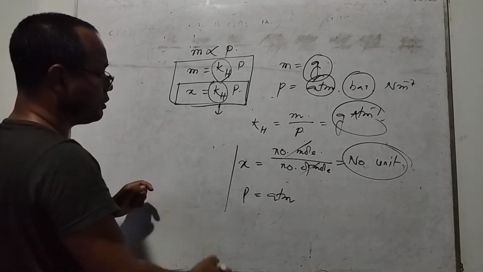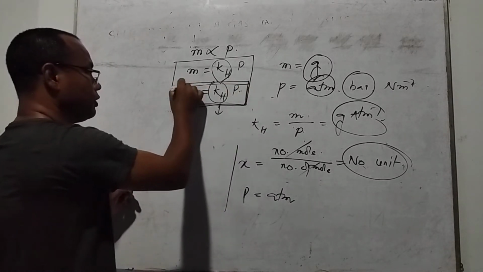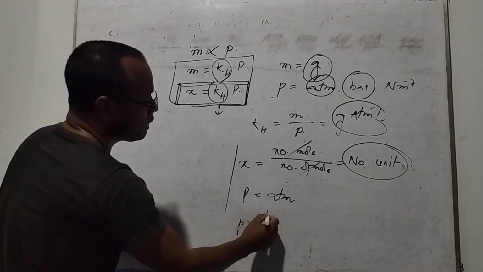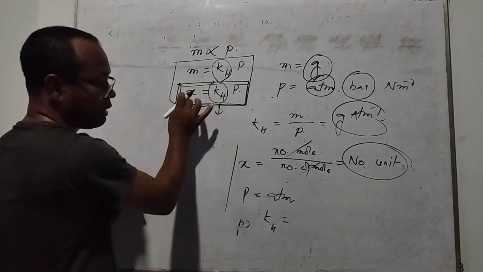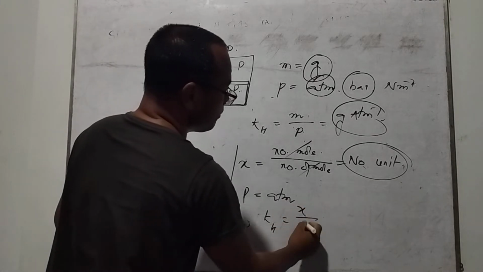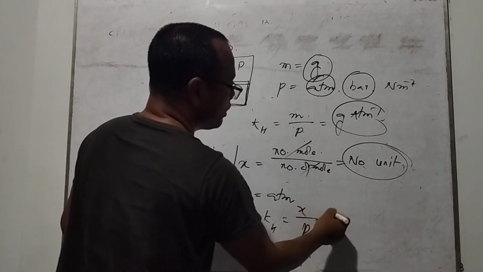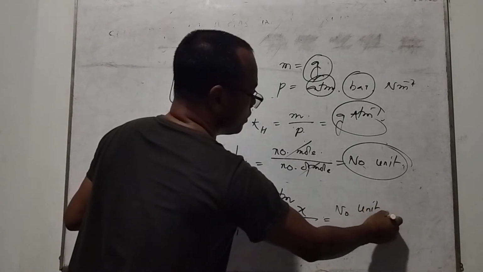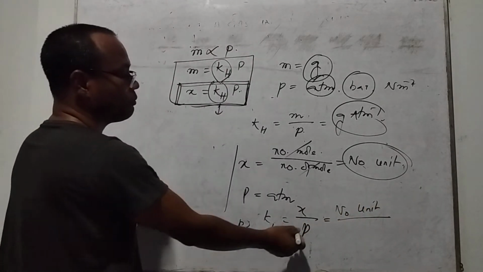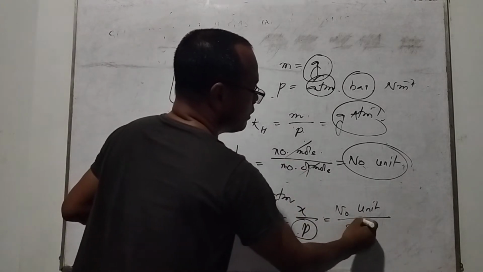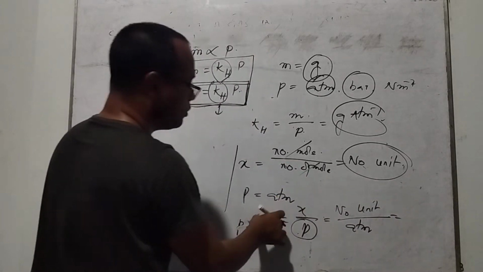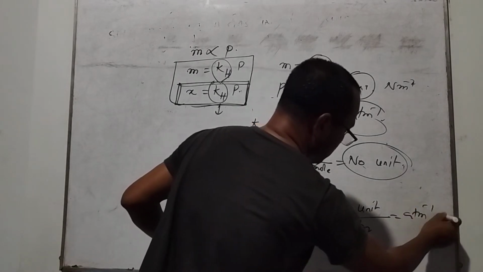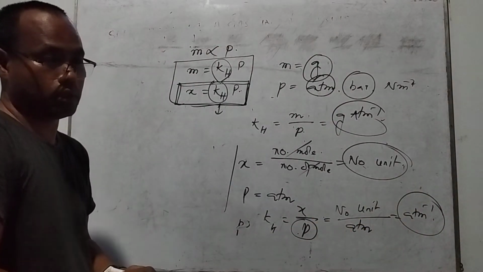Sometimes when we apply this equation to calculate the KS value, we apply x divided by P. The mole fraction has no unit. Suppose this pressure is given in atmosphere, what will be the unit of the KS? It should be atmosphere inverse, that means per atmosphere, right?